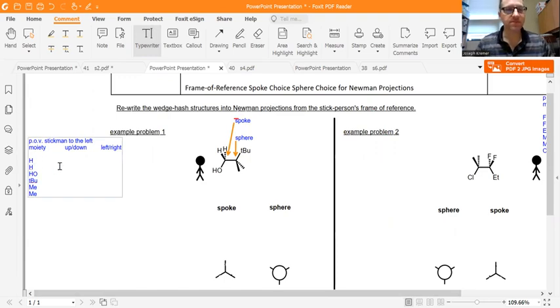So we kind of have it easy here, I guess, right? Because we have 2 hydrogens. One's on a wedge, one's on a hash, so they're both up. And this is not applicable because we don't have to choose. So that's nice.